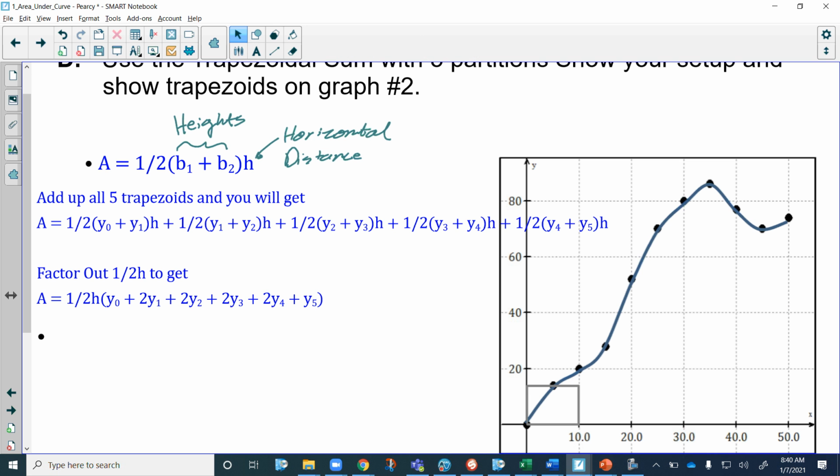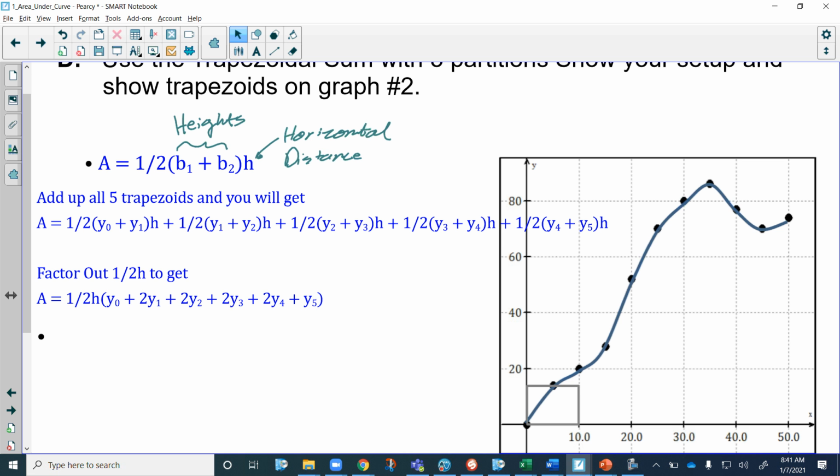So here's the formula that we wind up working with. If you want to copy it down, copy it down; if you don't, that's fine too. Basically, because the height is the same for each trapezoid, just like the base was the same in each rectangle for the Riemann sum, that winds up getting factored out.